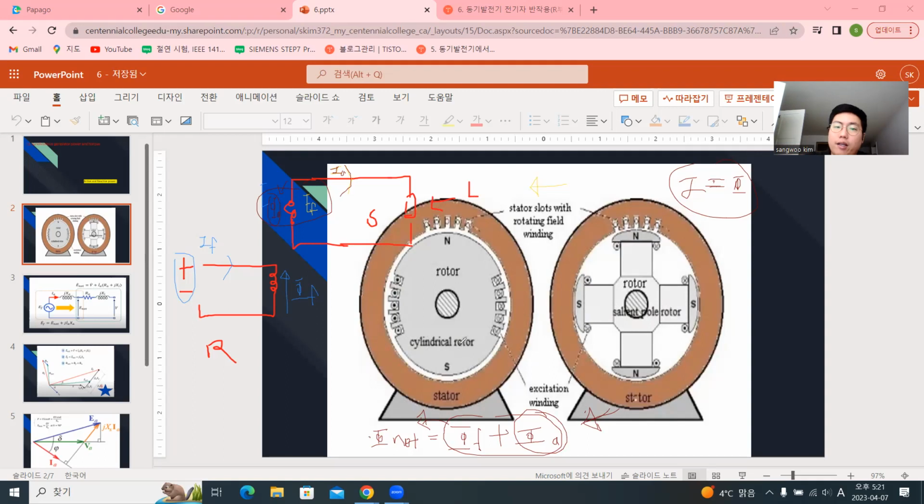Depending on the load, if it's an inductive load, the armature reaction makes phi_net decrease. But if it's a capacitive load, the armature reaction makes phi_net bigger; the magnitude is going to increase.